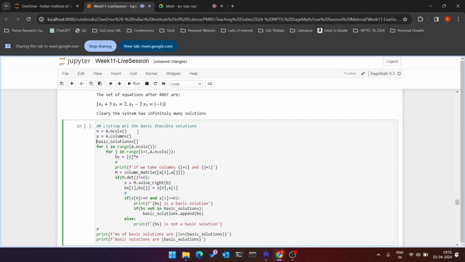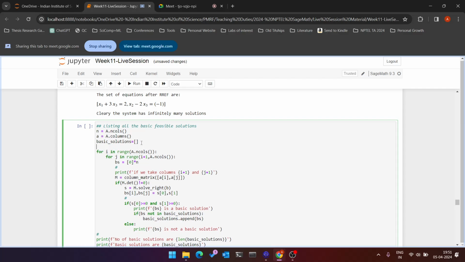Firstly, we find out the number of columns as n, A as the list of all columns in matrix A, and basic solutions is initialized to an empty array. Next, initially basic solution is written down as an n-sized array with all entries as 0.